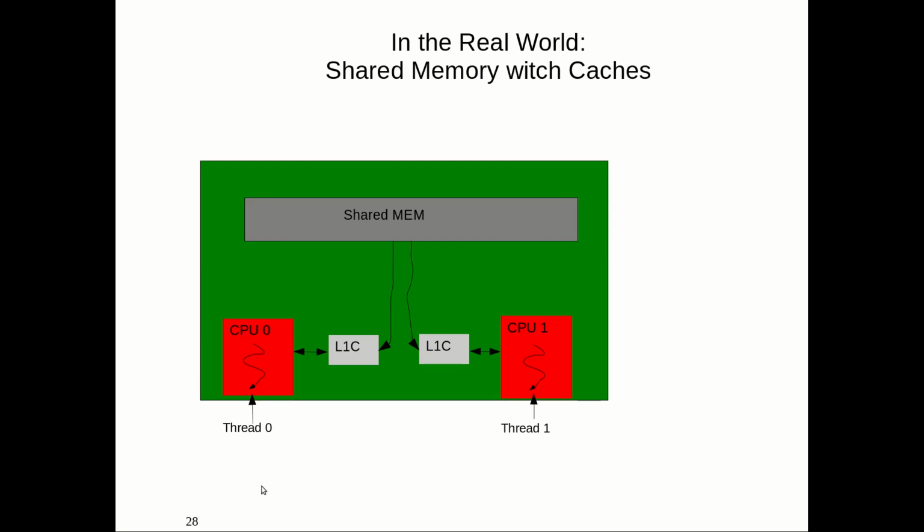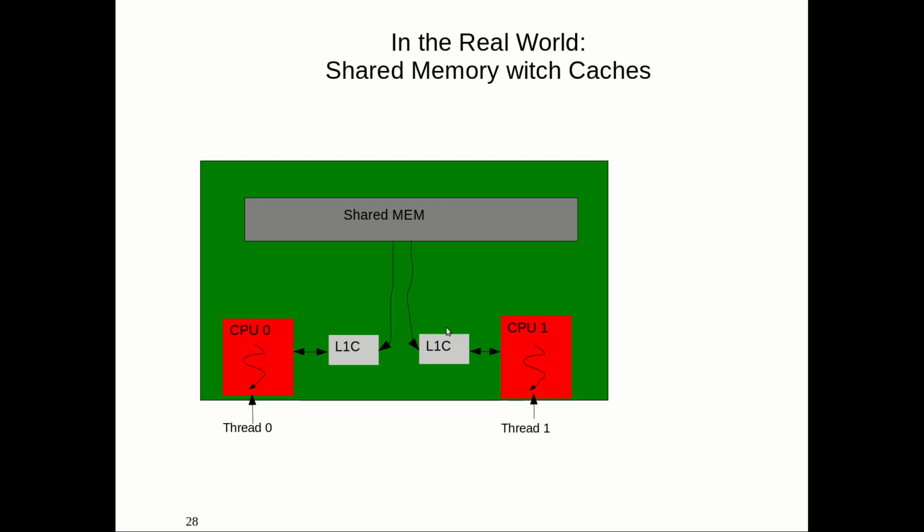Right. So what happens in the real world? There's something that we didn't talk about so far, and those are the so-called cache memories. Assume that this is your processor, this is CPU 0 on which we're running thread 0, and this is CPU 1 on which we're running thread 1. Then in order to get data more quickly into memory, each CPU has what we call a level 1 cache.